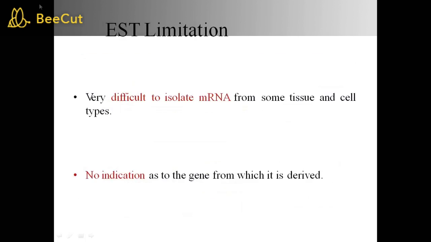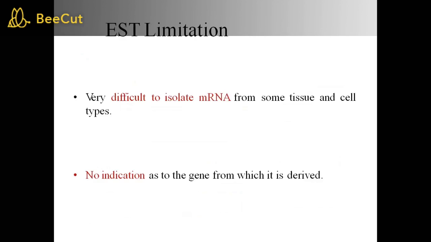Then next are the limitations of expressed sequence tags. It is very difficult to isolate the mRNA from some tissues and cell types. There are some types of tissues or cells from which it is very difficult to isolate the mRNA molecule.